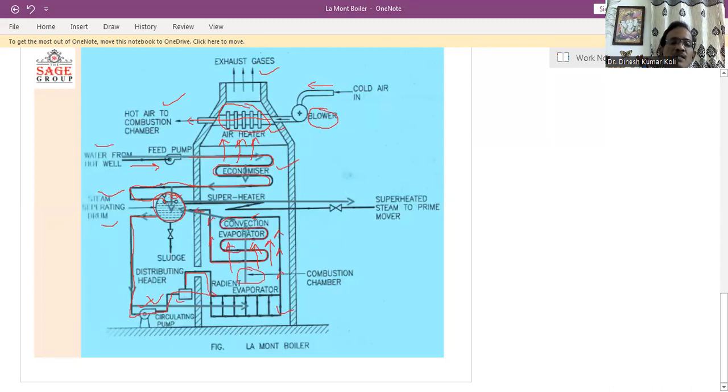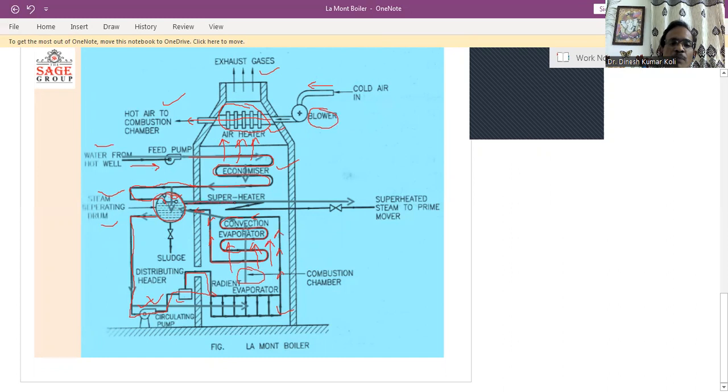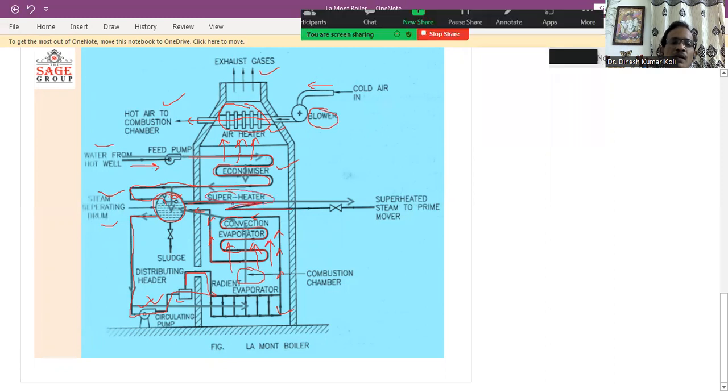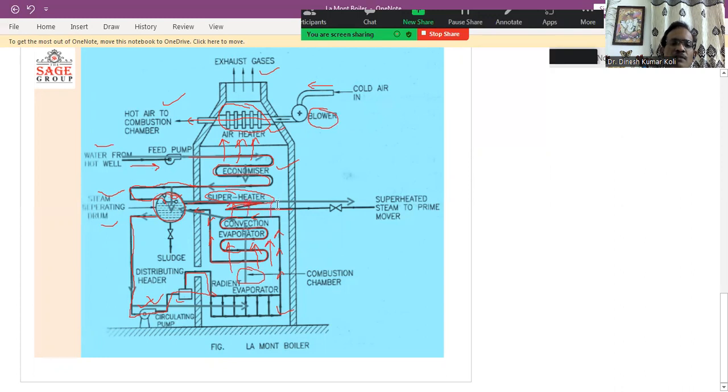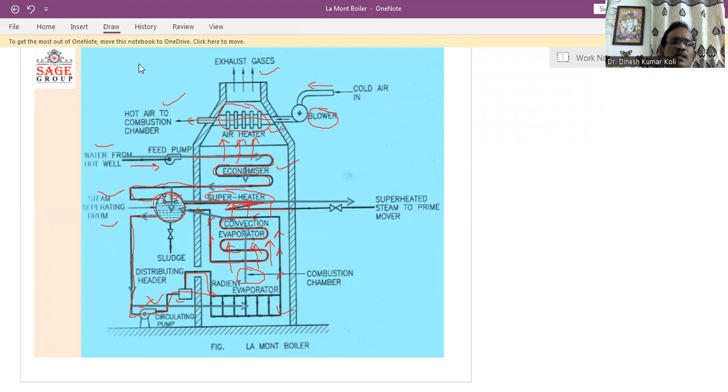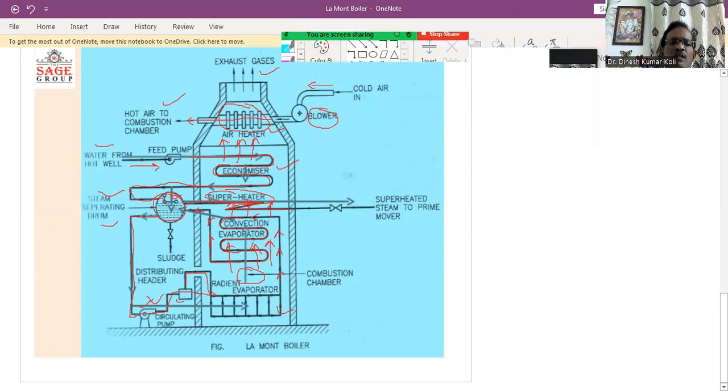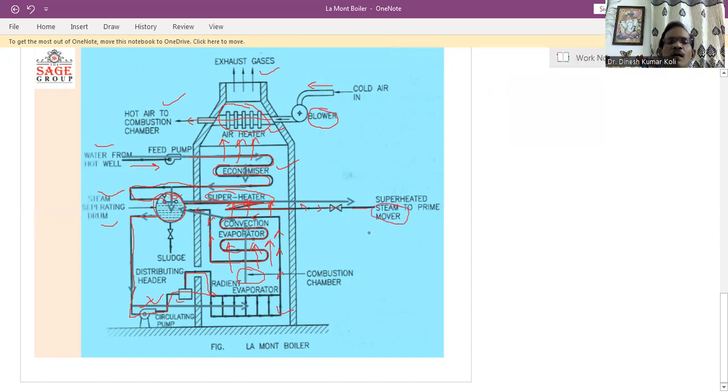Now at the top side we have the dry steam. The dry steam is separated by the separator and then passed through this section for superheating purposes. This section is called the superheater. Here also the hot gases are moving through the superheater section. When these gases pass through this section, the dry steam will be superheated, and then this superheated steam is ready to be used for the prime mover or for other applications.